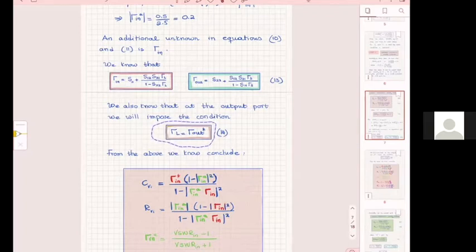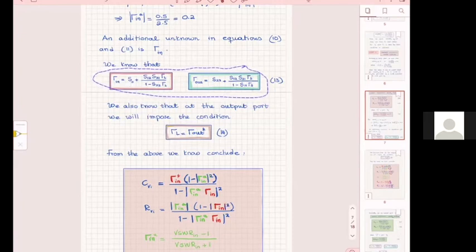So even if noise specifically changes gamma S on the input port, at the output port our selection will be that gamma L is going to be gamma out complex conjugate. So if this information, equation 14, is correct as it is, then between the two equations in number 13, you can see that I can find gamma in in terms of gamma S.